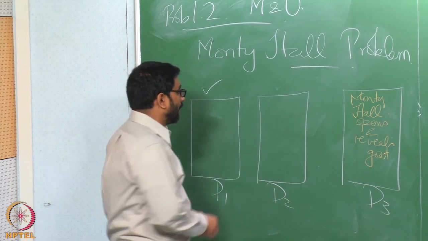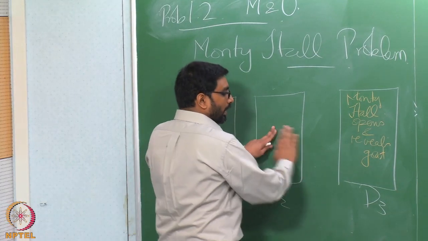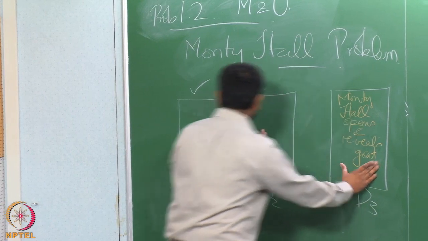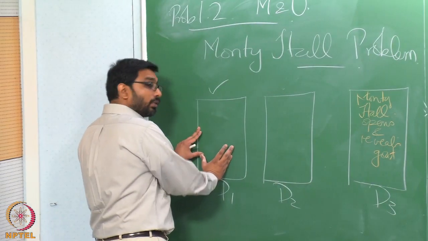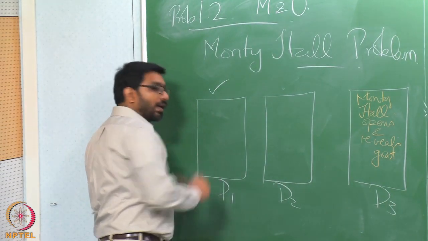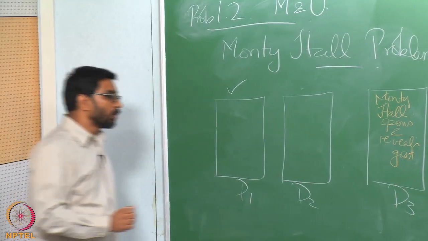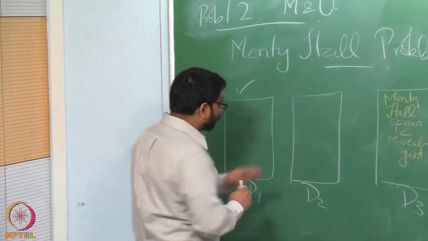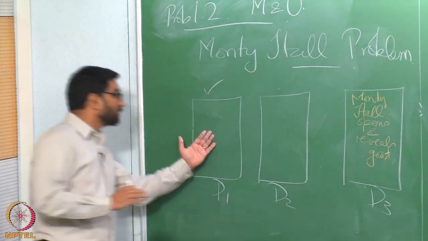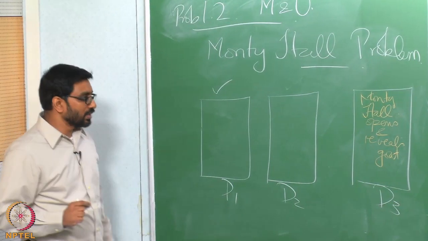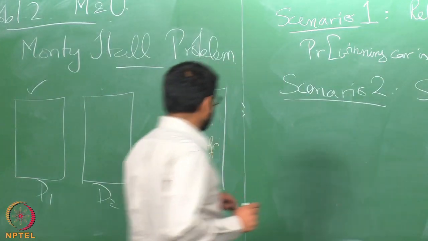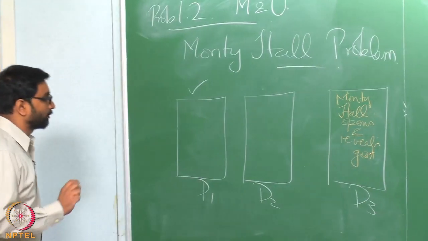If it was a goat, Monty Hall has to reveal the other door that also hides a goat, then the third door that you are going to switch to in fact has the car. So, if you had started out by choosing a door that is hiding a goat, then you are necessarily going to win the car. These are the two cases that interplay with each other. So, let us analyze them a bit carefully.